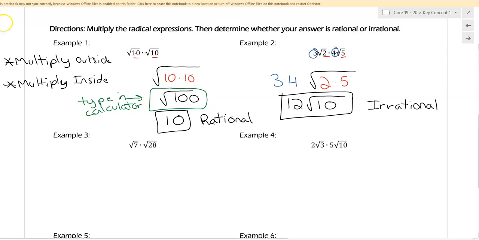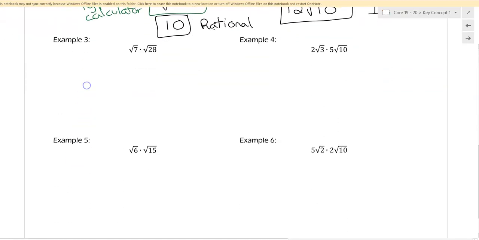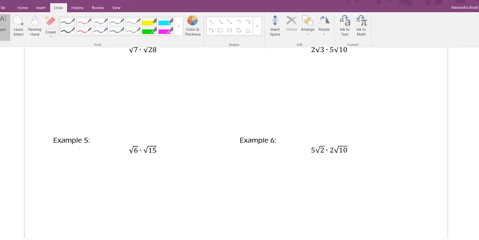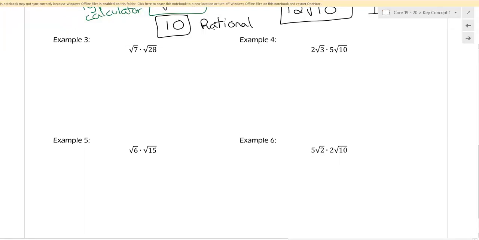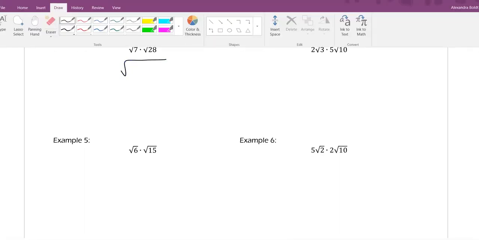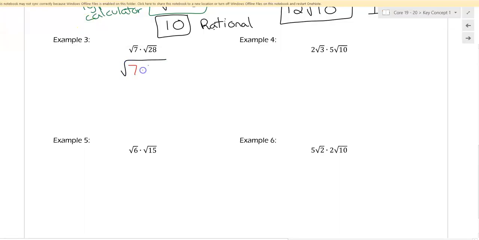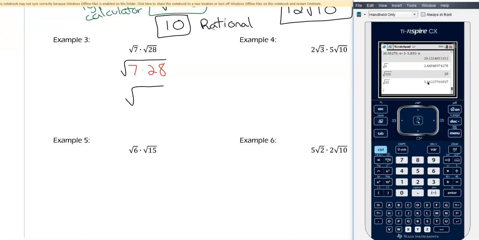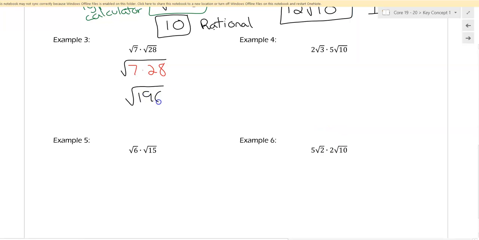Let's look at example 3. Square root of 7 times the square root of 28. No outside, just the inside. So it's the square root of 7 times 28, which is the square root of 196.